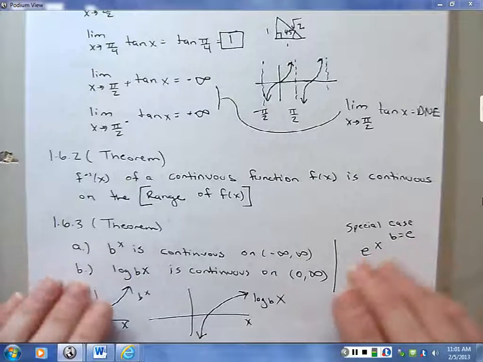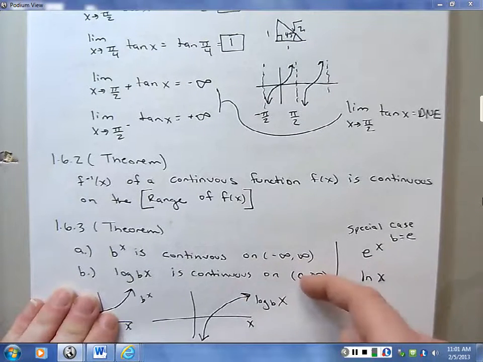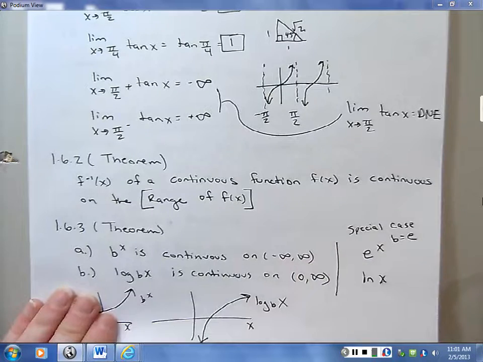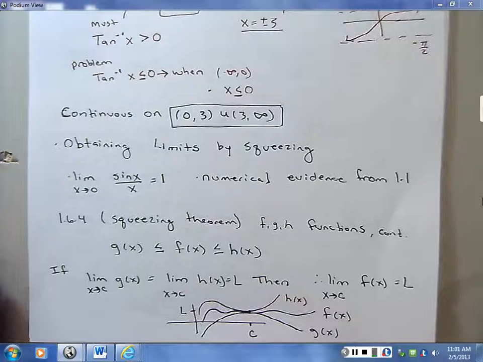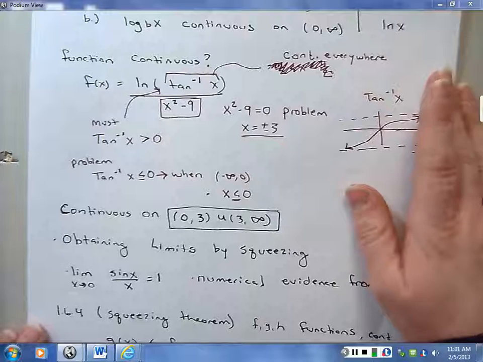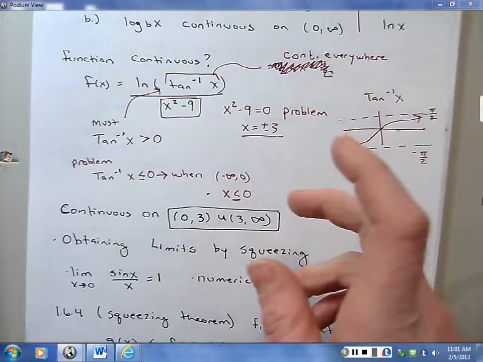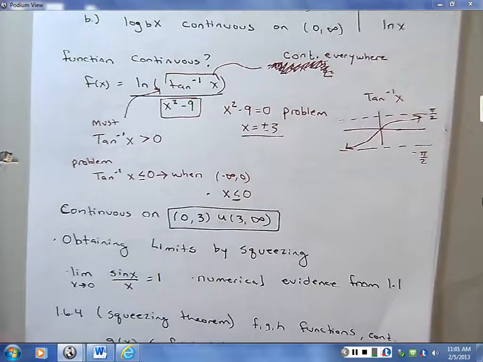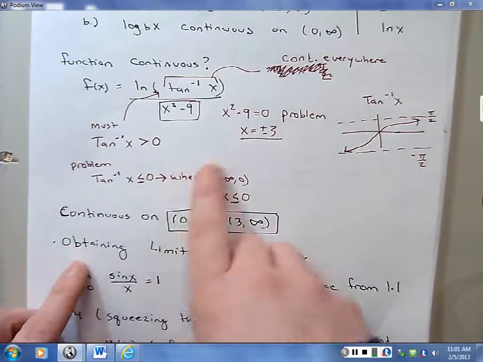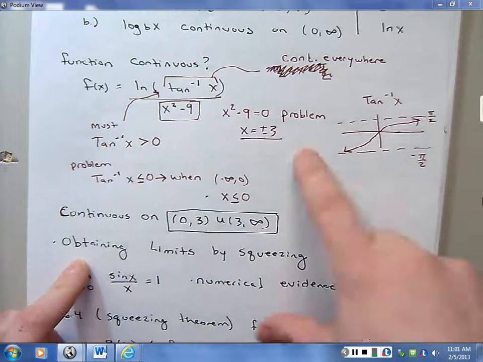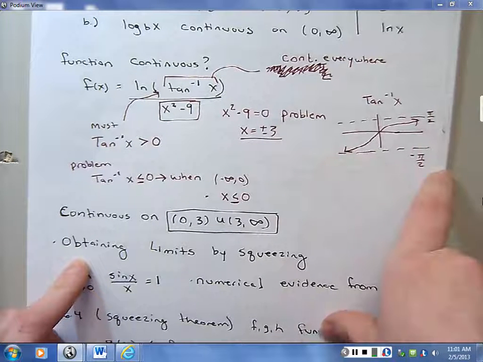We talked about the exponential functions where they're continuous. So if a function is continuous, you have to verify there's no problems on your domain. So continuous on the domain, we did this example. Tangent inverse was continuous everywhere. If you look at the graph, there's no problems for tangent inverse.